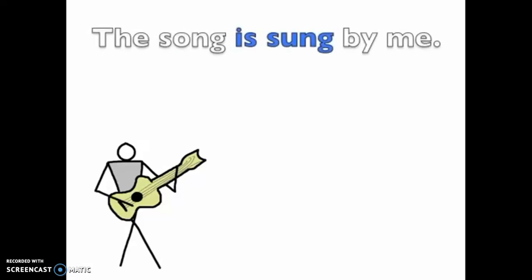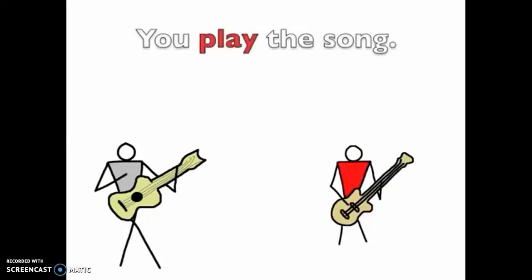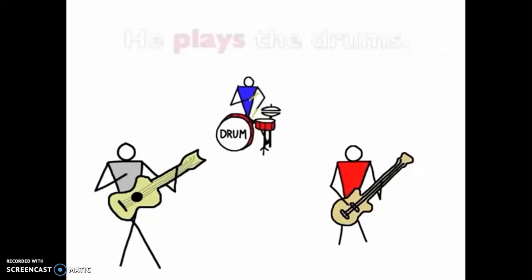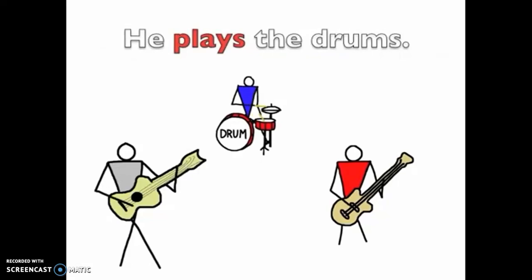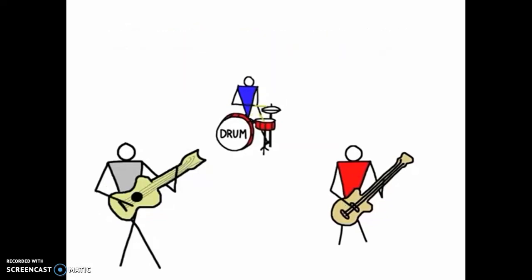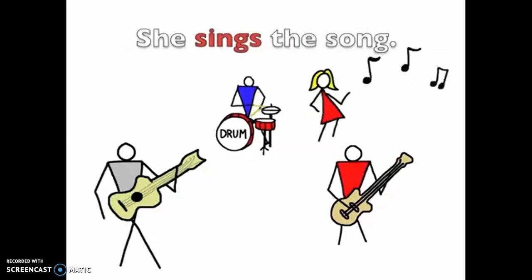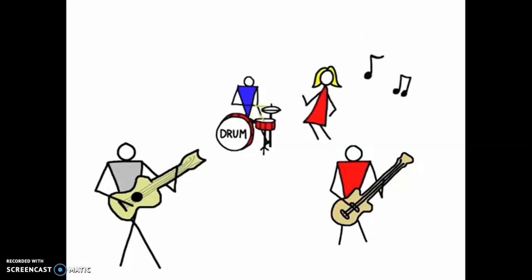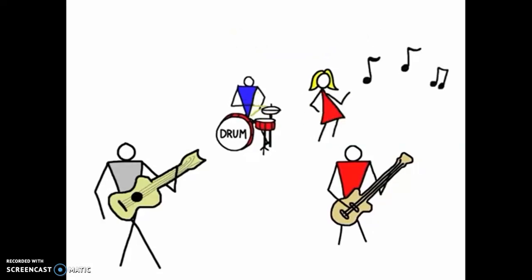I sing a song, the song is sung by me. You play the song, the song is played by you. He plays the drums, the drums are played by him. She sings the song, the song is sung by her. La la la la la.